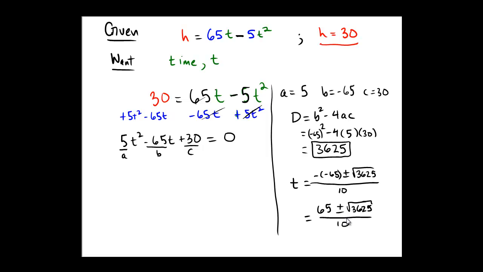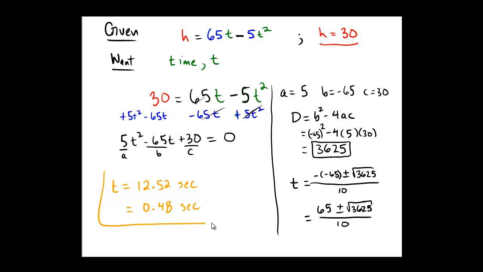Now a calculation with a calculator would yield that these two solutions are, one is that t is equal to 12.52 seconds, which is what you would get if you used the plus sign. And then on the minus sign, when you subtract, the solution you should end up getting is 0.48 seconds.